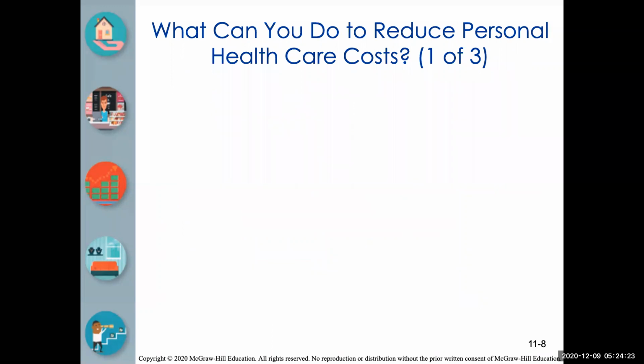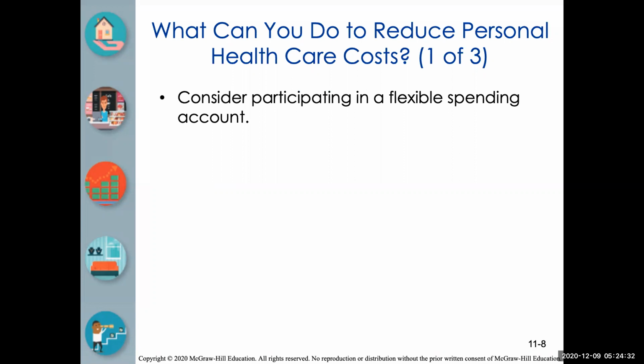So when we think about things that we as individuals can do to reduce our own personal healthcare costs, we have access to what are called FSAs, or flexible spending accounts. These are accounts that are offered, that we can take advantage of, that we are able to contribute pre-tax dollars into.